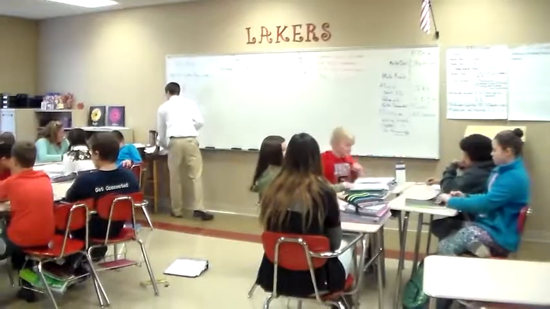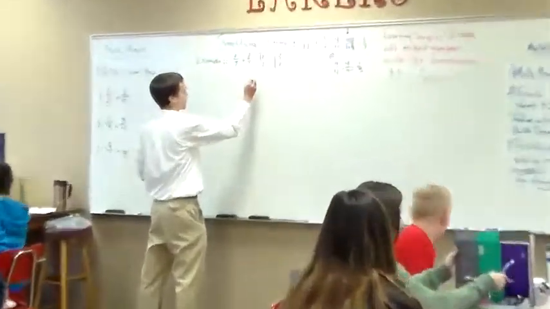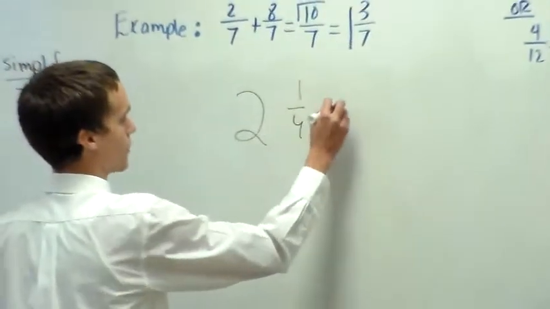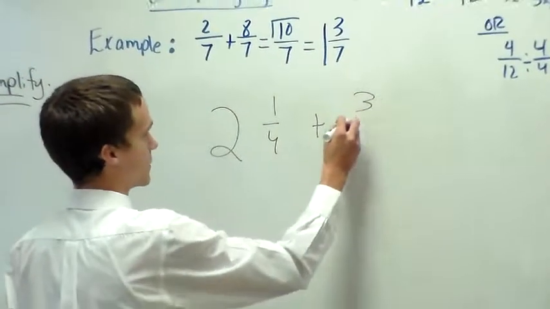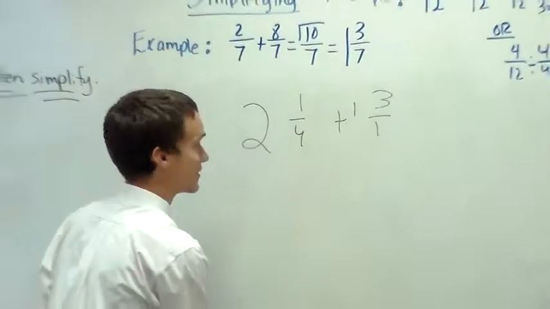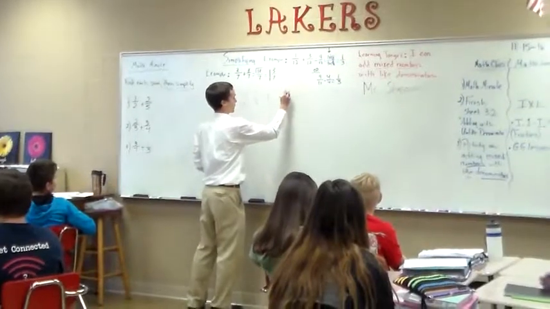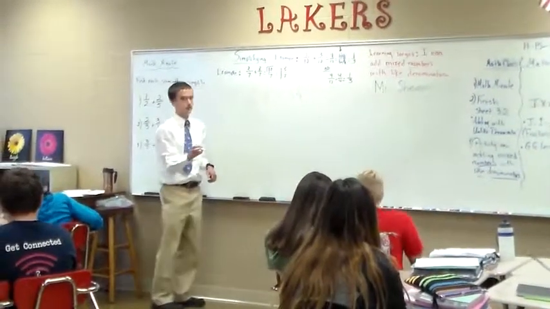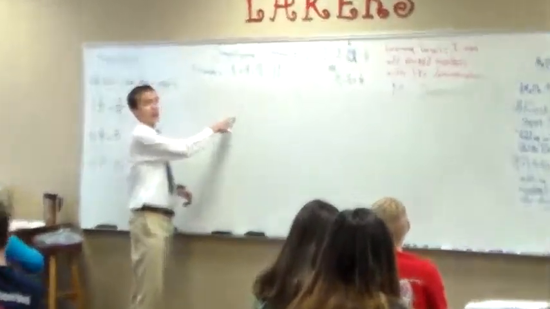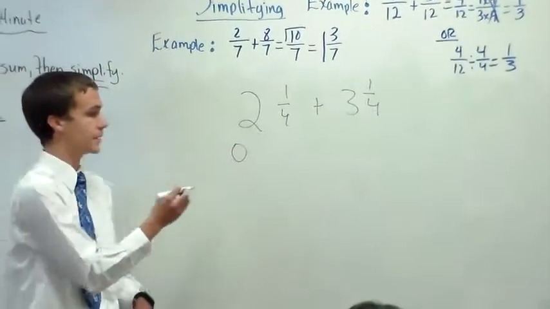All right. So on your little worksheet you are going to get some problems that kind of look like this. It was 2 and 1/4 plus 3 and 1/4. What I want you all to do is write down how many wholes it is underneath it. So if there's 2, you draw 2 circles, kind of like what you have on your desk right now.